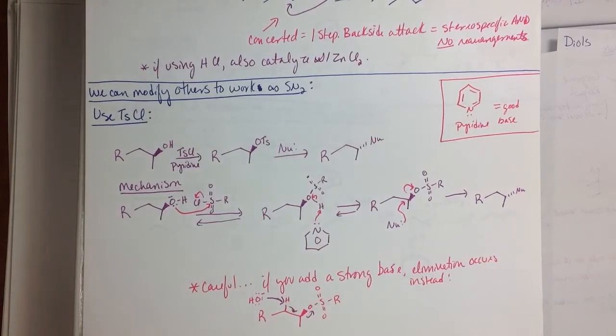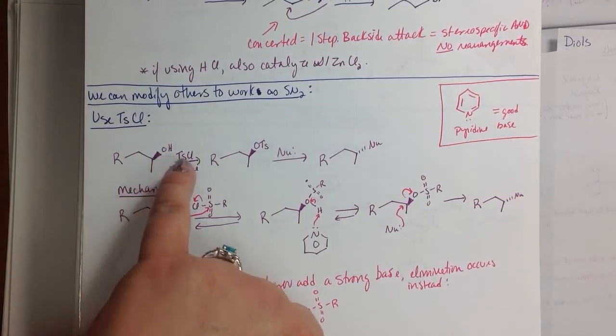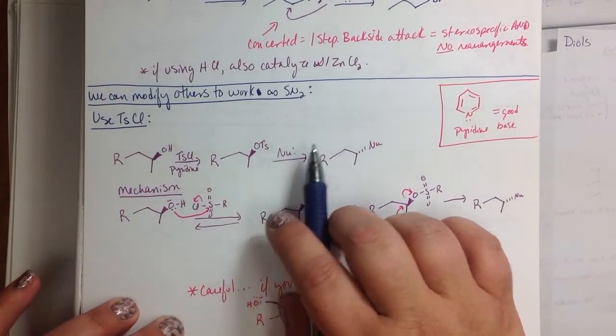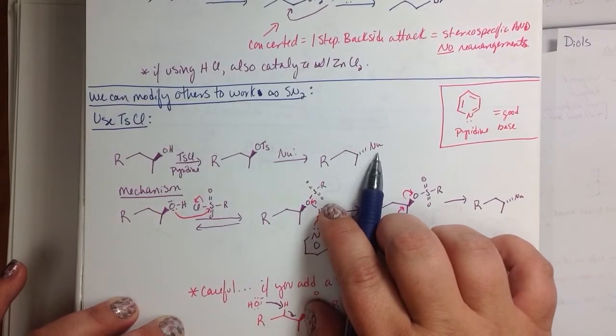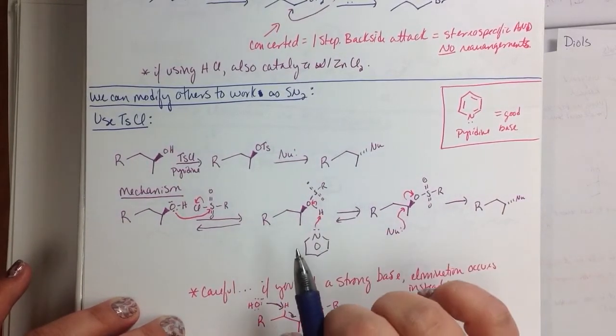It costs a lot of money to get a particular stereo arrangement, and so once we have it, we don't want to lose it. Okay, so a way to do that is to simply take this OH and turn it into a better leaving group. Once it's a better leaving group, then you can have a nucleophile come in and it will give you the backside attack and you'll end up with that product.